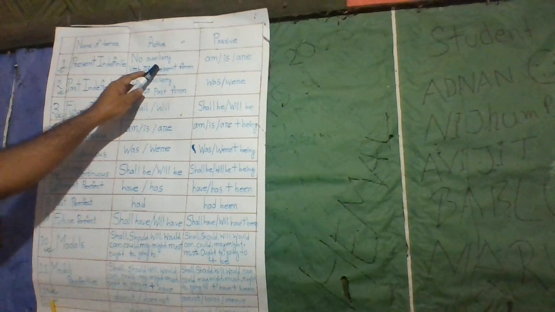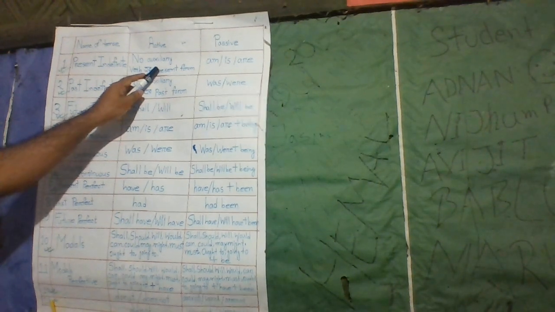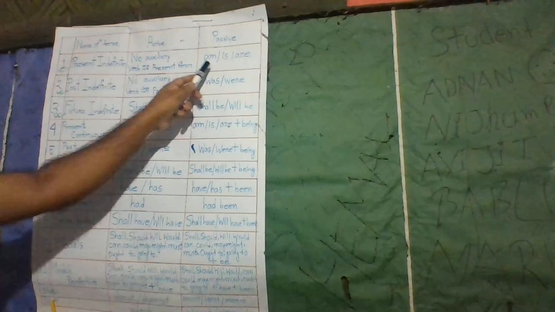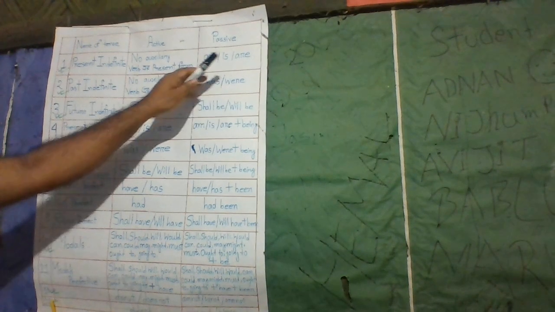In the active sentence, if the sentence is in present indefinite, then you will see no auxiliary there. But when you make it passive, you need to use am, is, are.